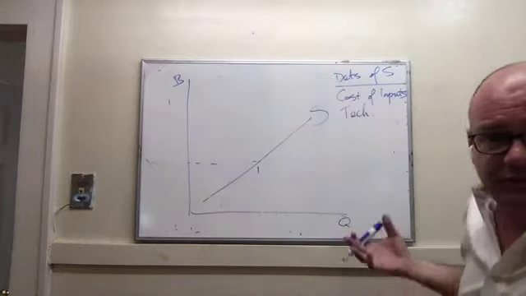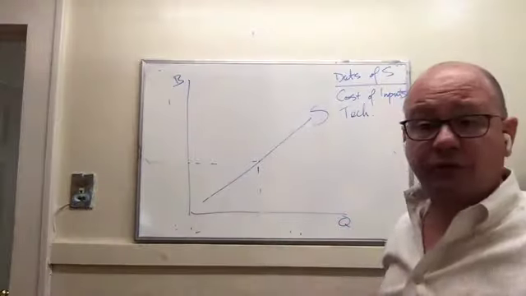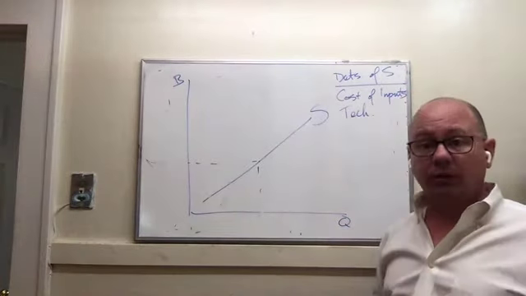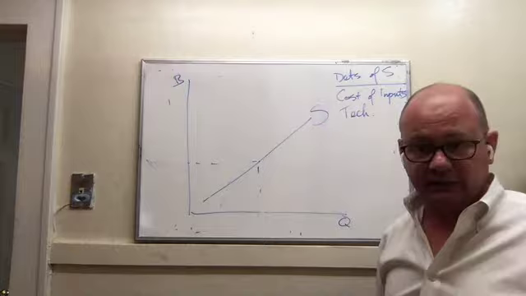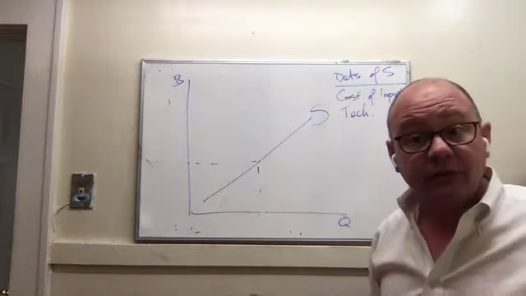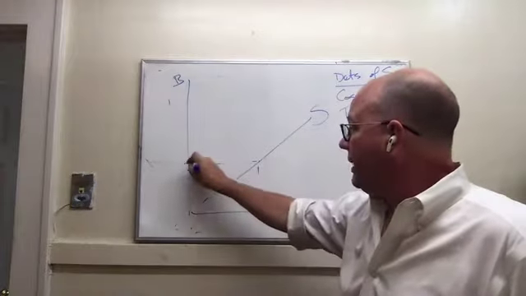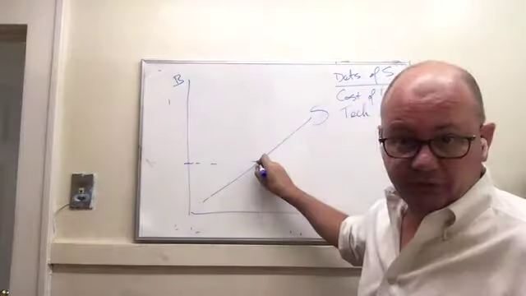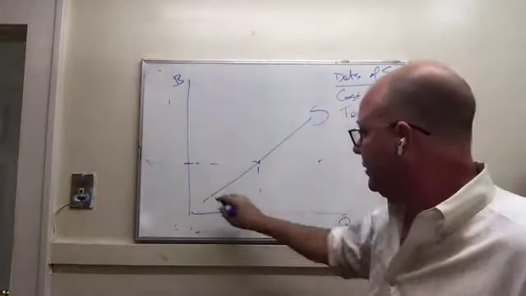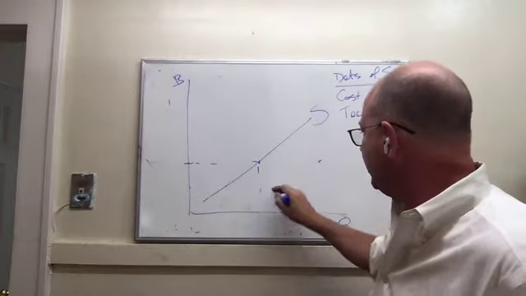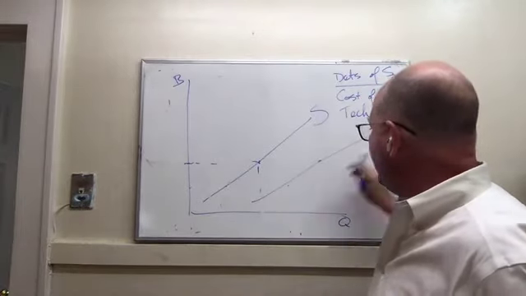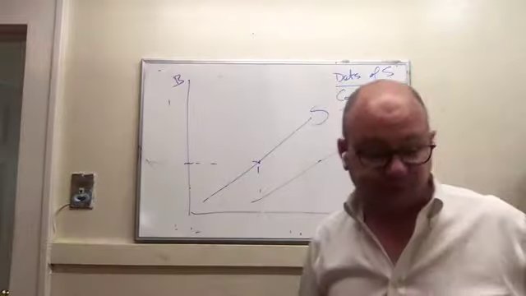Technology. In other words, if you discover a new farming practice that lets you double the amount of beans you get for the land used, then what happens? Before you were producing this much, now you would produce out here. We'd have a new supply schedule.